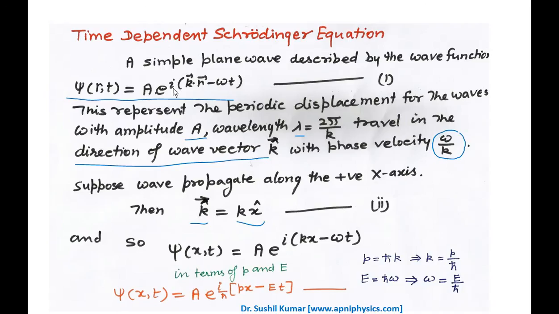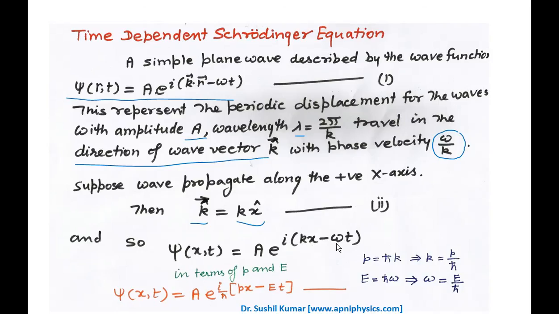So this k dot r, in that case you can write it as kx. So the case is like this one: psi(x,t) is equal to A exponential term iota (kx minus omega t).